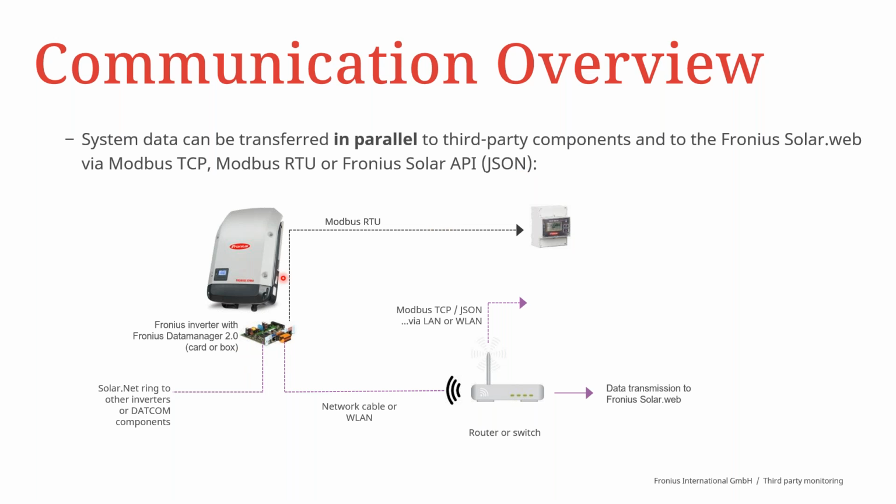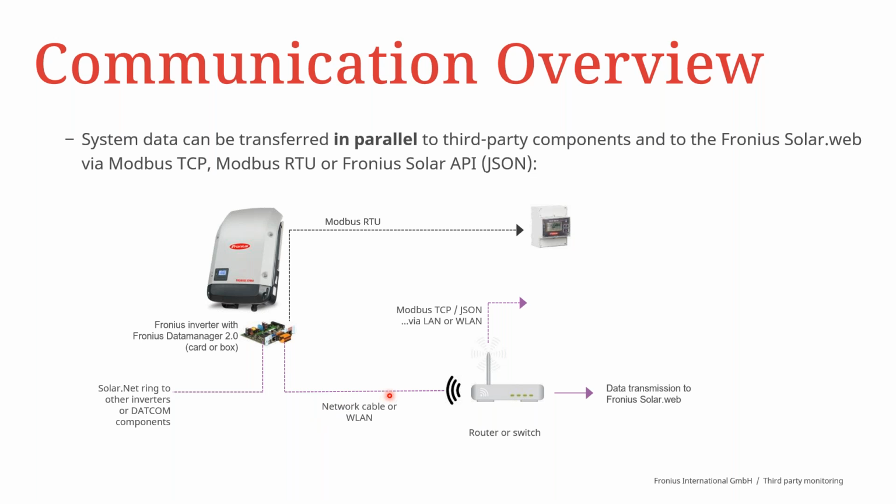Given that we have an inverter integrated with the data manager, it is possible for it to communicate with the smart meter via the Modbus RTU. Of course, it can also communicate with other Snap inverters or Datcom components using the SolarNet port, as you're going to see eventually.